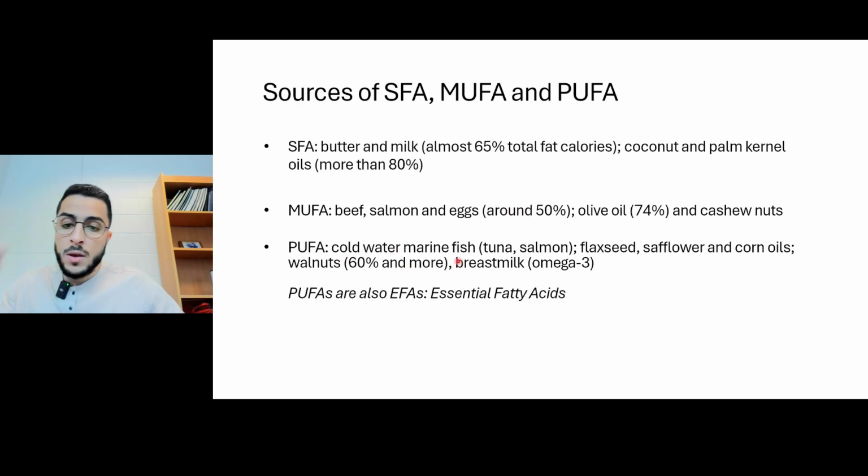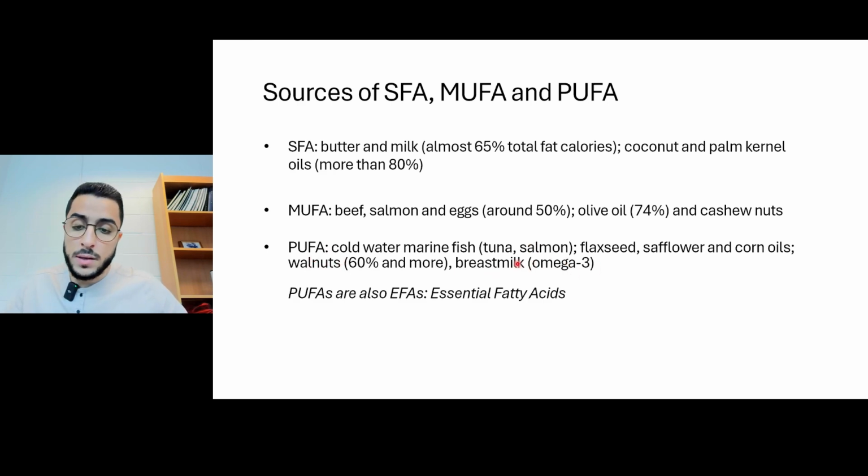Polyunsaturated fatty acids, already you can see that the food that you are eating is much healthier than the ones before. So cold water marine fish like tuna, salmon, flaxseed, safflower, corn oils, walnuts, extremely healthy, and breast milk.